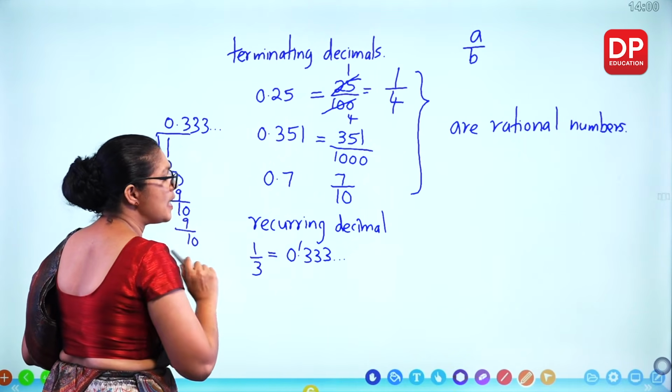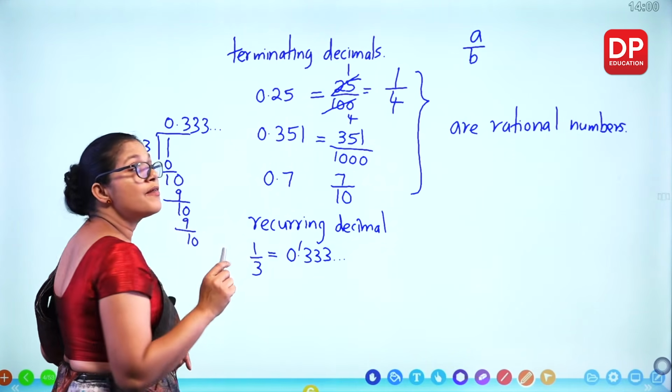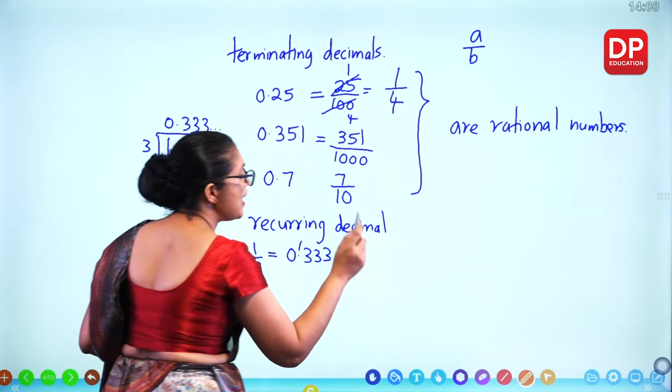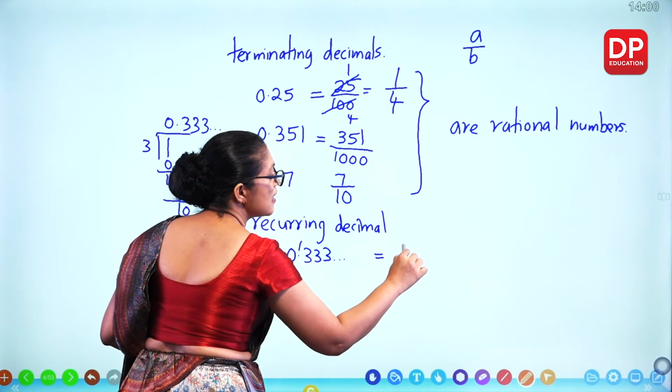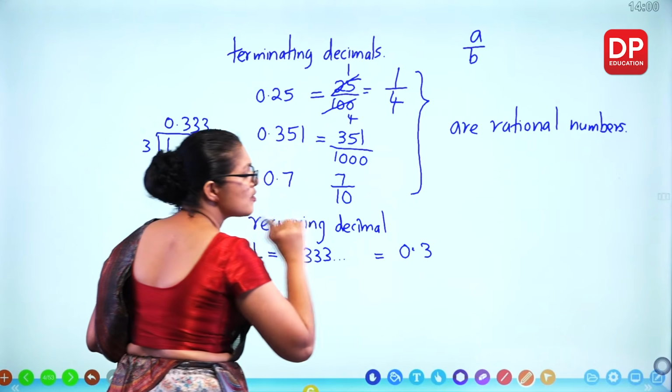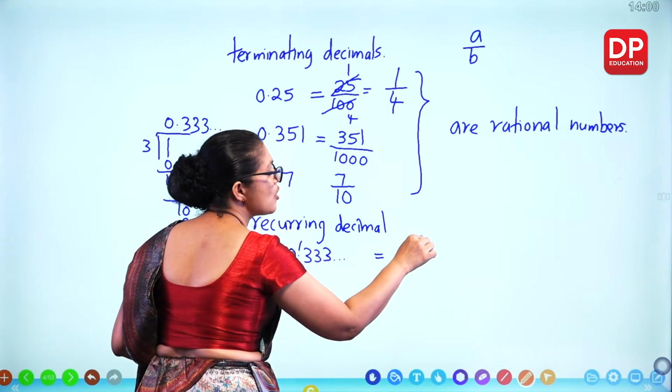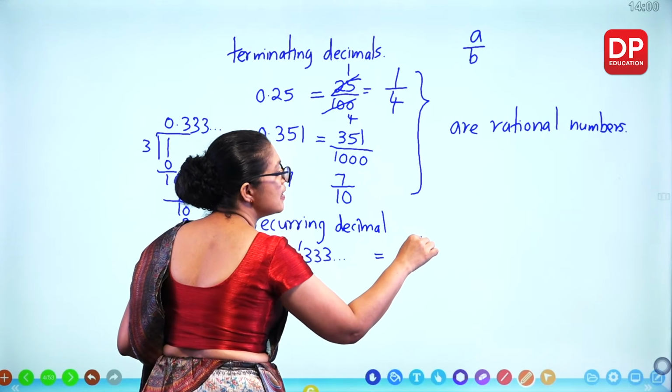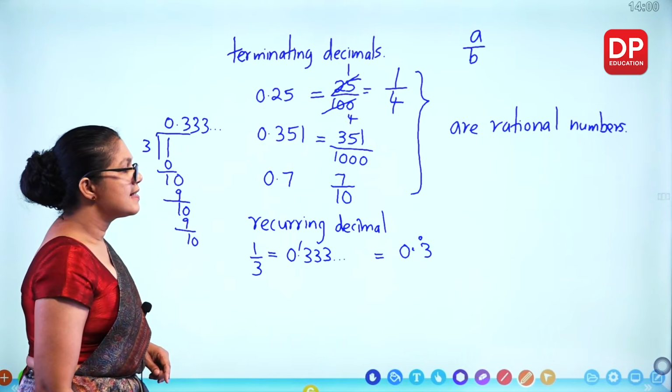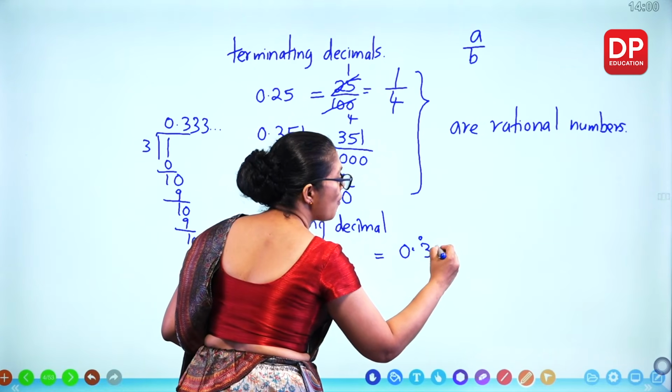So here what we do, look at the repeating digit and we write it once only and then put a dot above the number. So we call this the concise form.